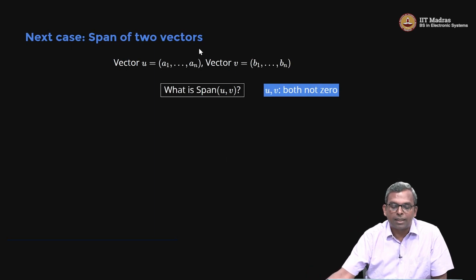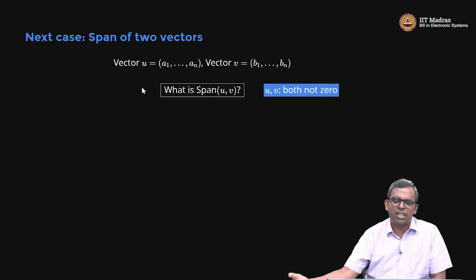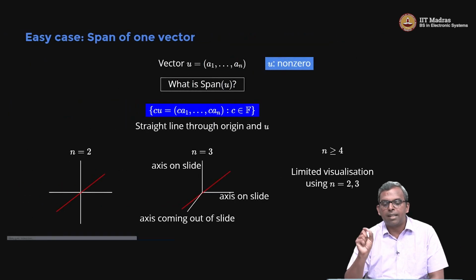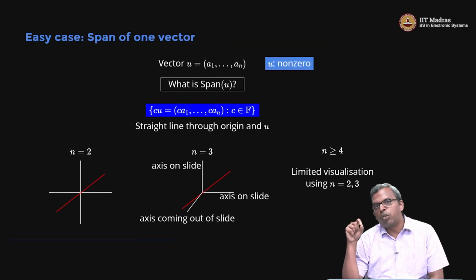So span of two vectors, particularly with respect to, what is the problem we are trying to solve? We are trying to solve membership, right? Given your vector u, so if you go back to the one vector case, given a vector u, and if I give you a vector w, can you determine whether w belongs to span of u? That's the kind of question I'm asking. For one vector it is very easy. The span of u is simply all multiples.